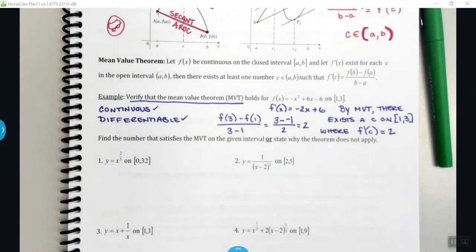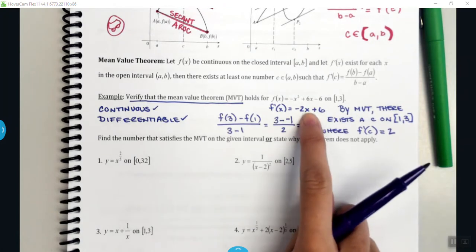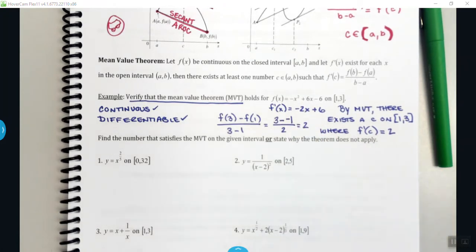If it asks you to find the value, then you set the derivative equal to 2 and you find where it happens. But this one doesn't say find the value, so we won't do it. Do you get it? Okay, cool.